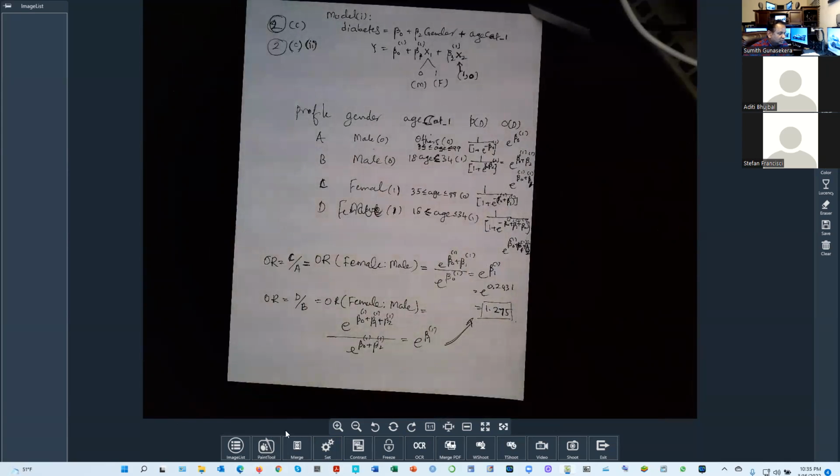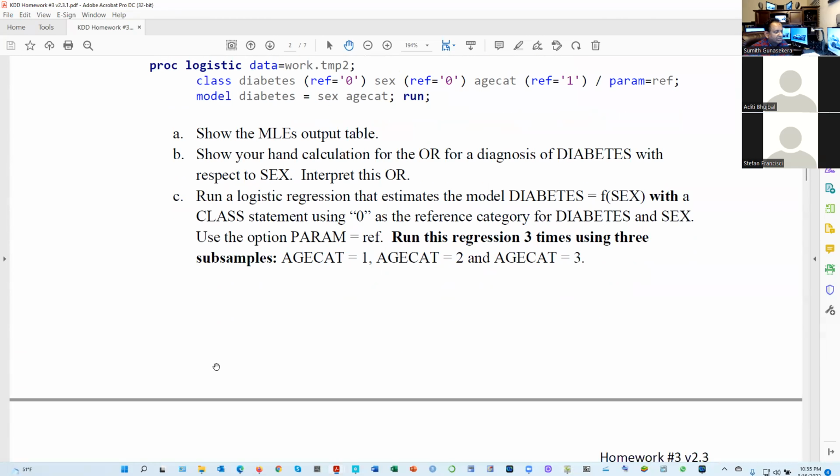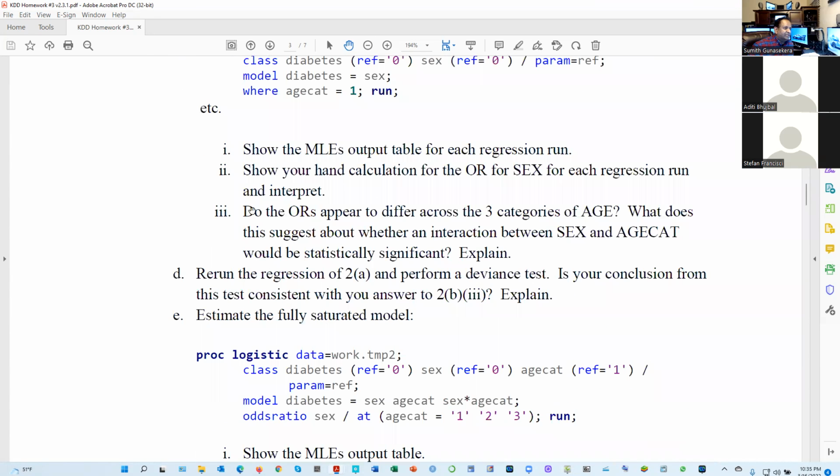Then 2C2, is that the 2C2? Then you're going to run that one separately by these three. So this one and this one, and then find the OR for sex for each regression run, each regression run separately.